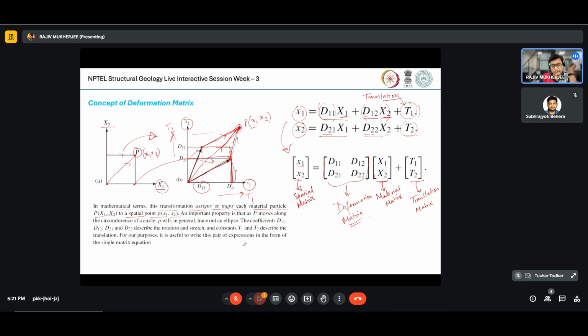And if d12 is equal to d21, it is called symmetric. And if d12 is not equal to d21, then this is called an asymmetric deformation matrix.